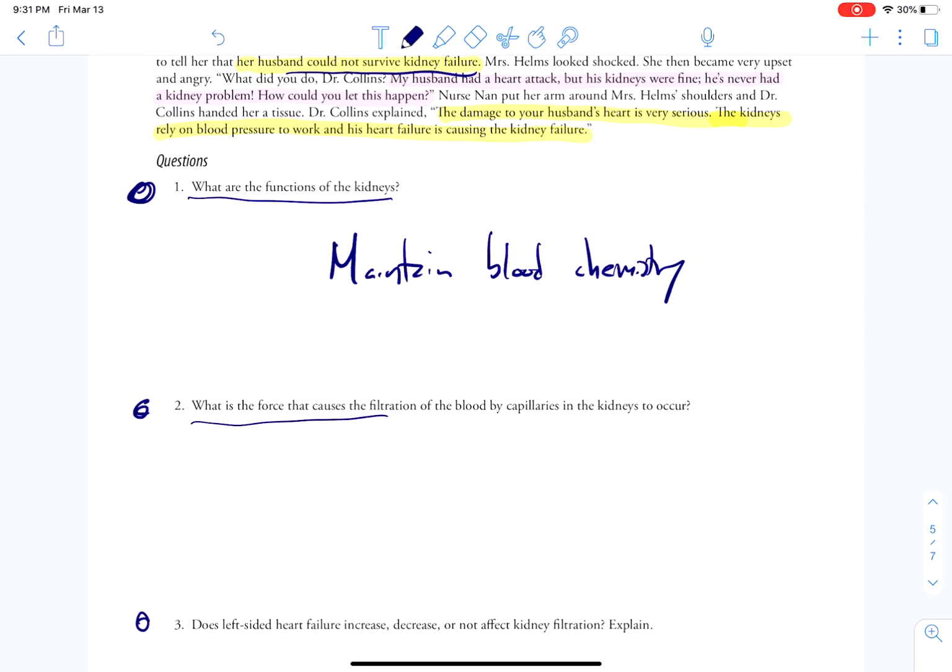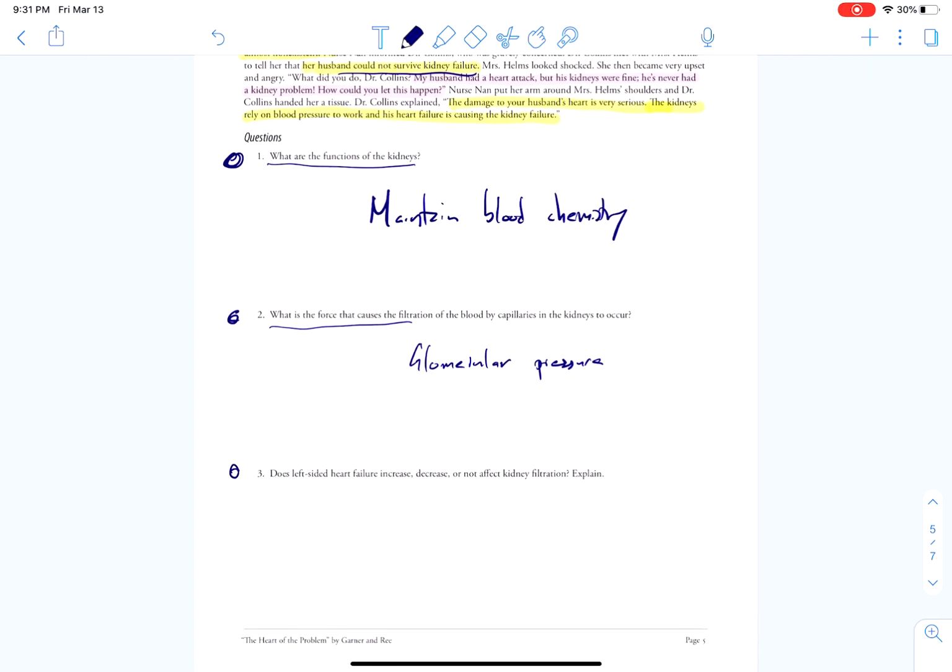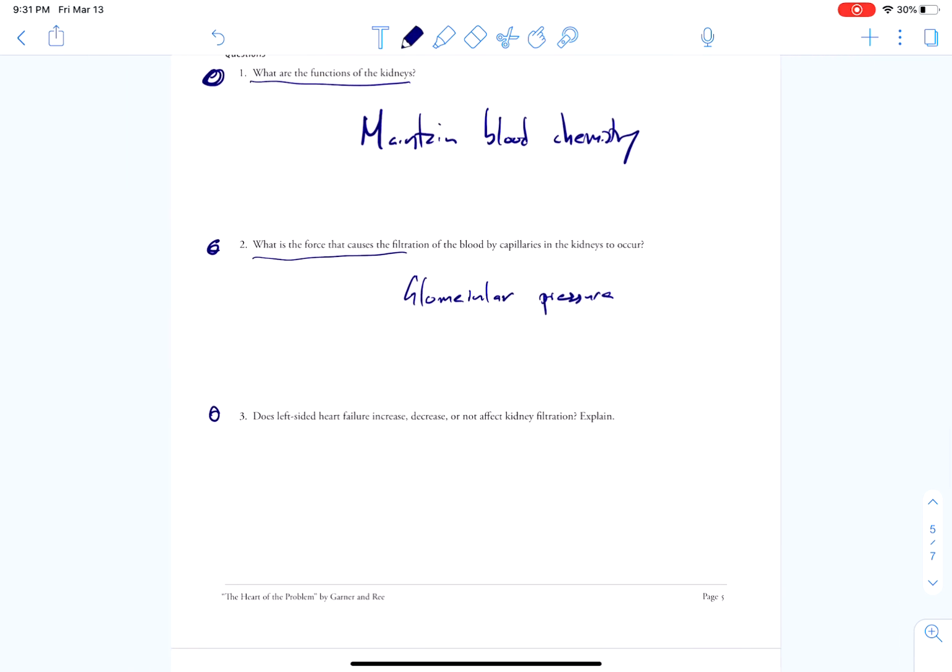We didn't go over that, but that is glomerular pressure. And does left-sided heart failure increase, decrease, or not affect kidney filtration?